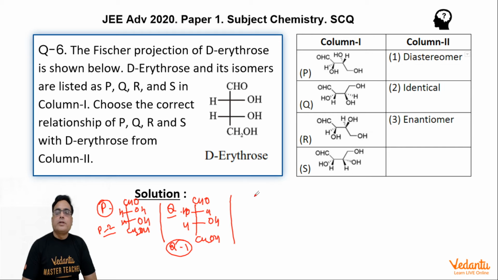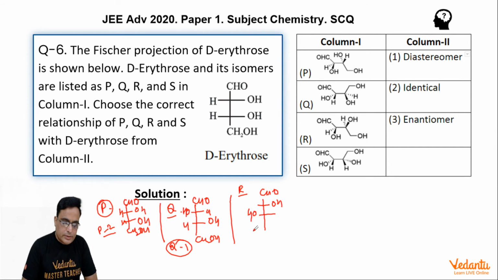Let us convert structure R given in column 1 to Fischer projection formula. R is actually CHO at the top, okay? Then carbon number 2 will have OH at right and carbon number 3 will have OH at left, and carbon number 4 is not chiral, so you can write it any way, right?